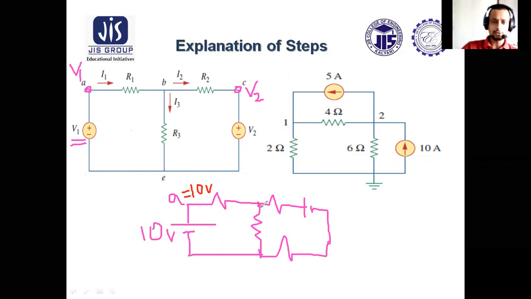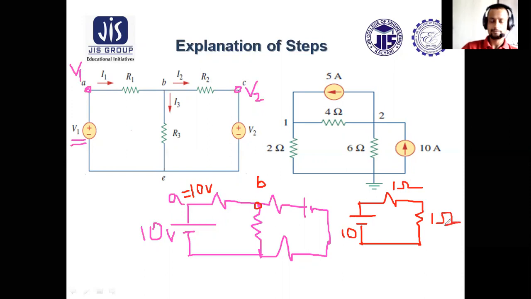Now what is the voltage at node B? For a simple circuit like this, suppose this is 10 volt, this is 1 ohm, and this is another 1 ohm.